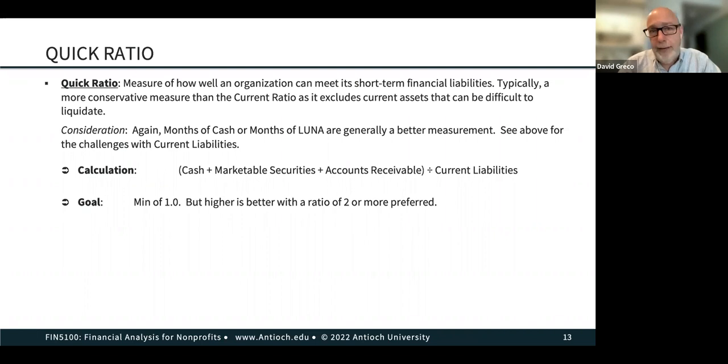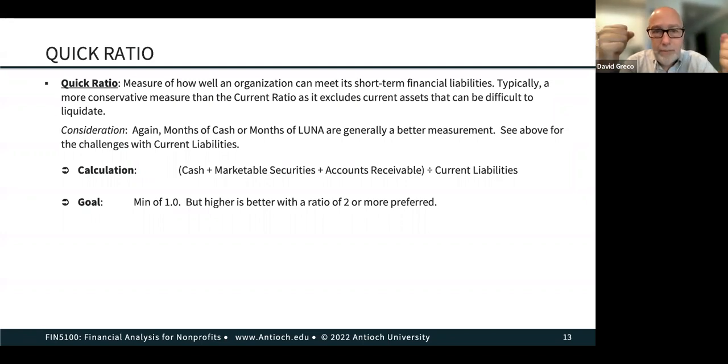This is really just looking at cash. How much cash, those short-term investments in securities that you could turn into cash very quickly, and those accounts receivable, money that's coming in the next couple of months, right? And then you divide that by your current liabilities. So do we have enough current cash and investments to cover all of our current debt and liabilities?